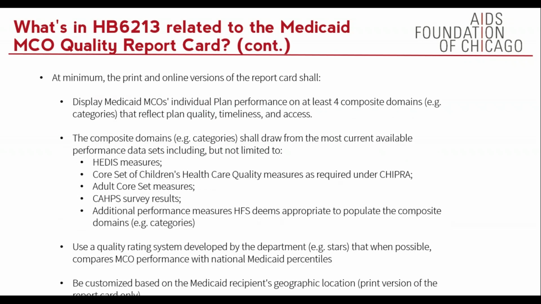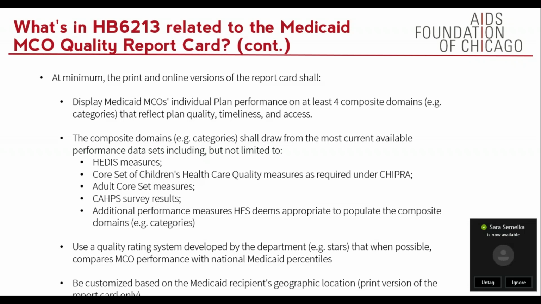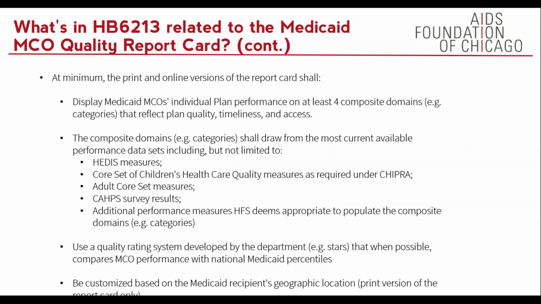All right. So as Nadeen mentioned, the law says that the Medicaid MCO's plan performances must display at least 4 categories. These categories must reflect the plan quality, the timeliness, and access. These domains or categories are to draw from the following data sets, but also give the state some discretion to draw from additional data sets if they wish, as Nadeen mentioned.